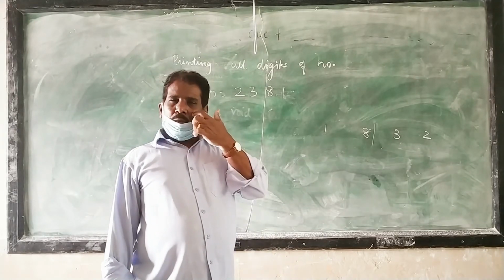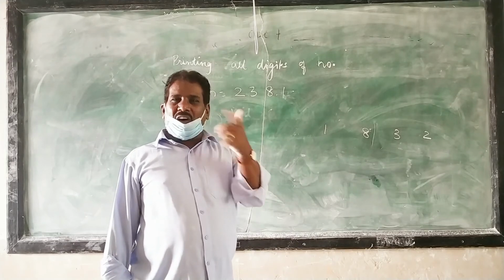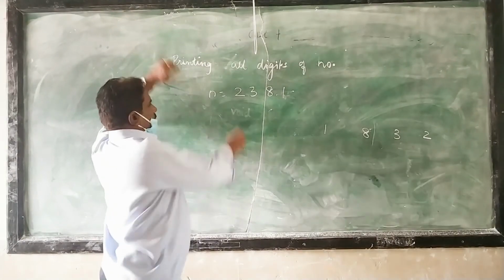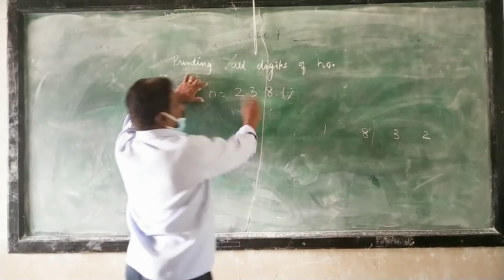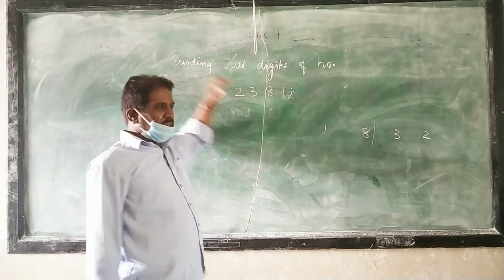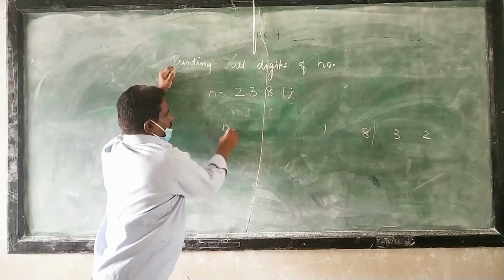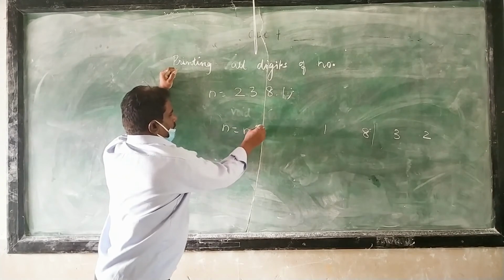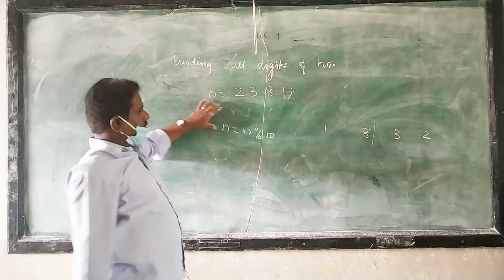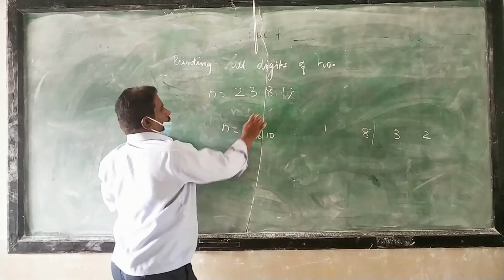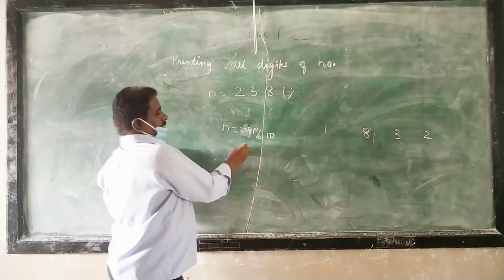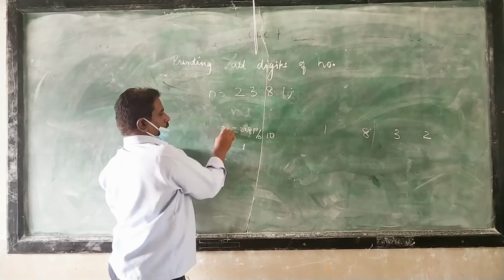Yes, you might have done it through a for loop, isn't it? Suppose this is the number 2381. How can we take out the last digit? The formula is n equal to n modular division 10. If you apply it to 2381, automatically you will get the remainder value 1.